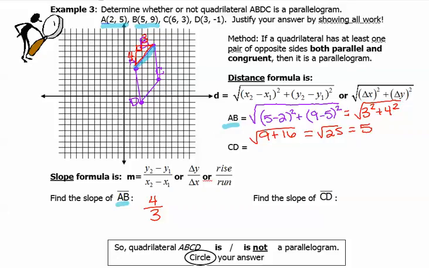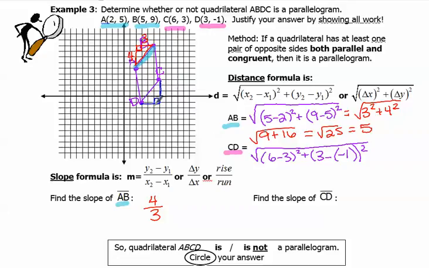So now we're going to look at CD. CD is here. I will fill in the distance formula first, and then I will use a triangle. So I've now plugged it into the distance formula, but I can see that I have another triangle sitting right here, and it's a right triangle.